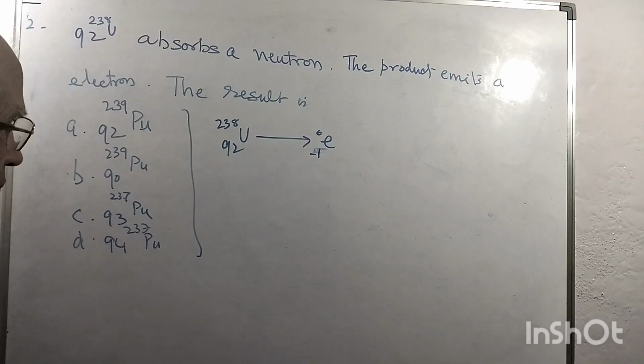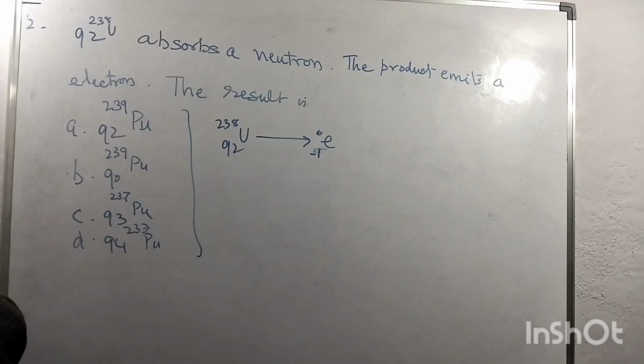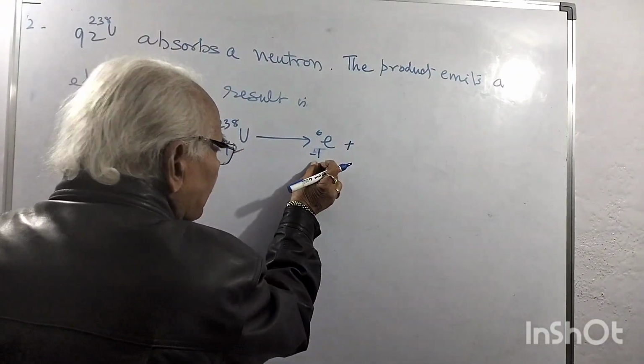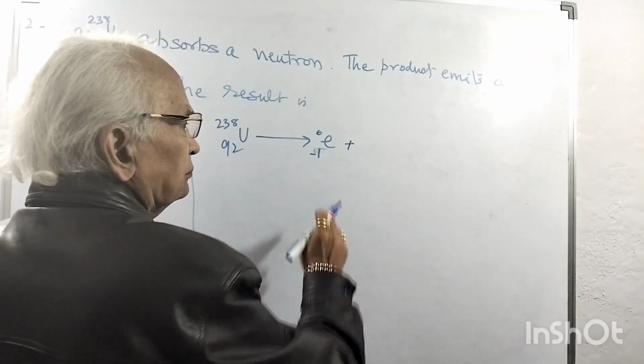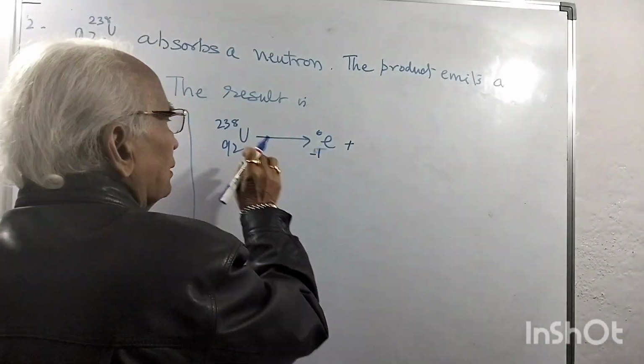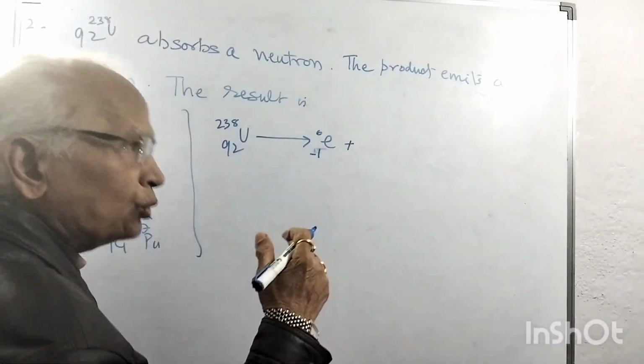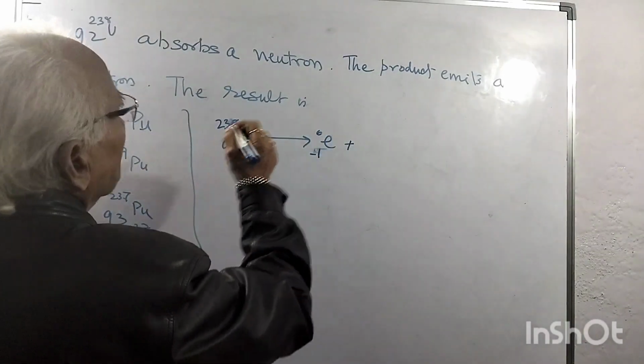Beta decay. Which answer is correct? I think there is a mistake in the answer. When one negative charge goes out, this means neutron, this is beta decay.